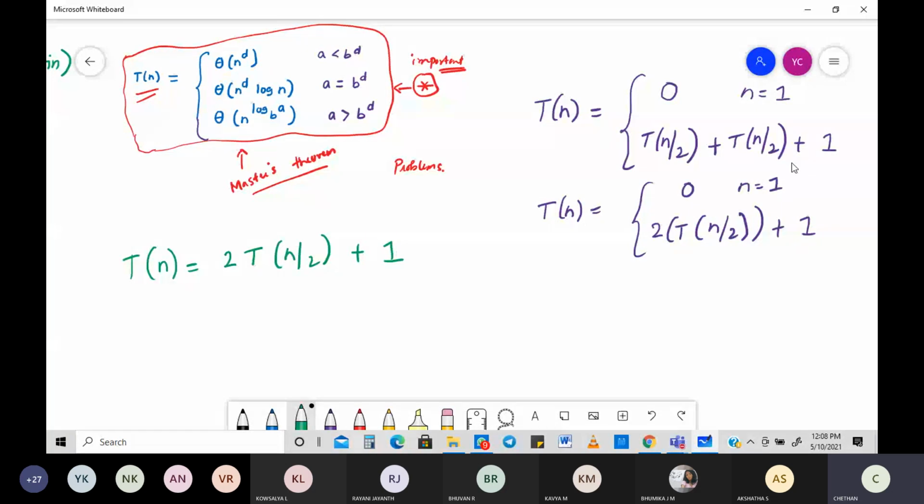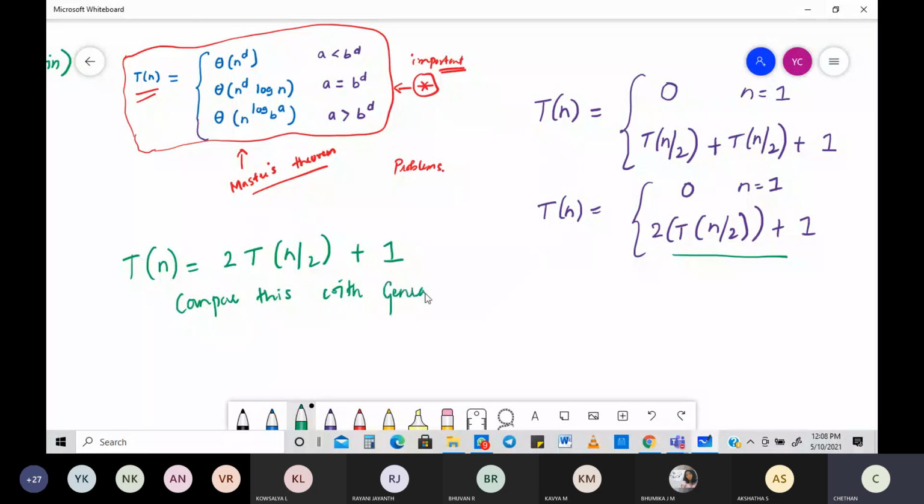Now you see this. I'm going to compare this with the general form of the Master's Theorem. This is a very important step.